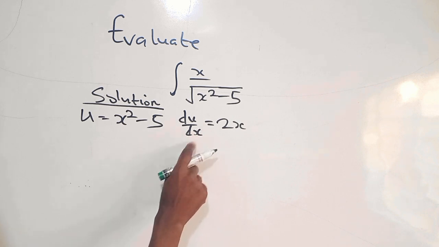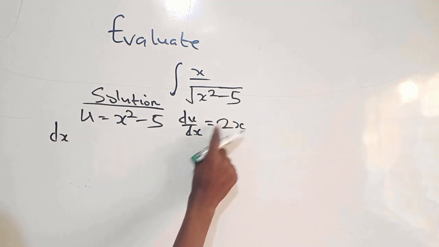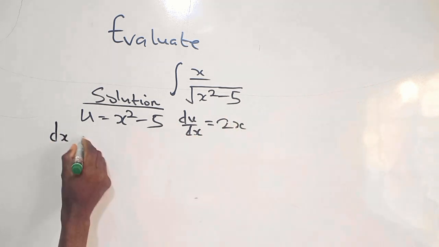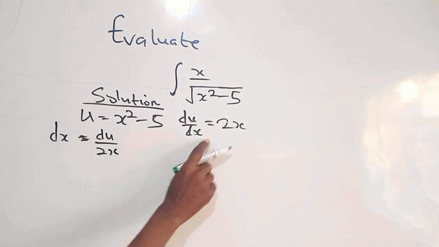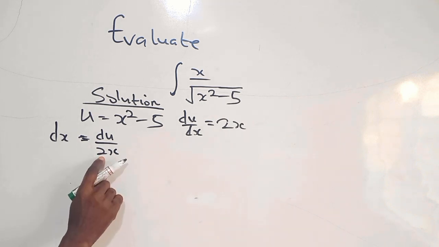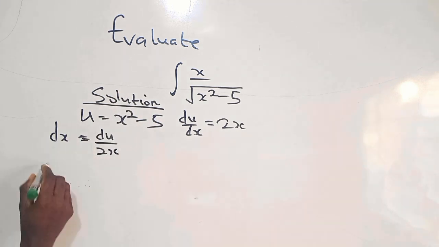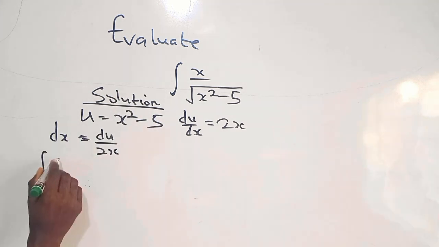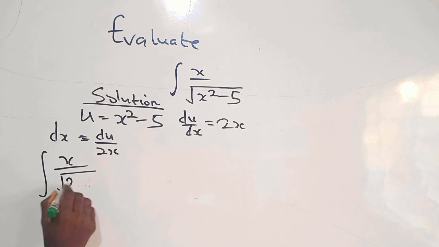So I can just write my dx, change the position, so you have here du over 2x. So by changing the position of this, we have made dx the subject of the formula, and it gives you this.